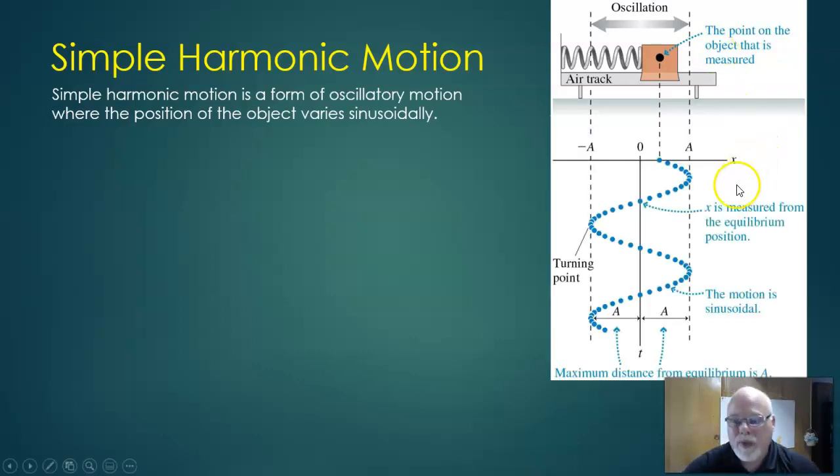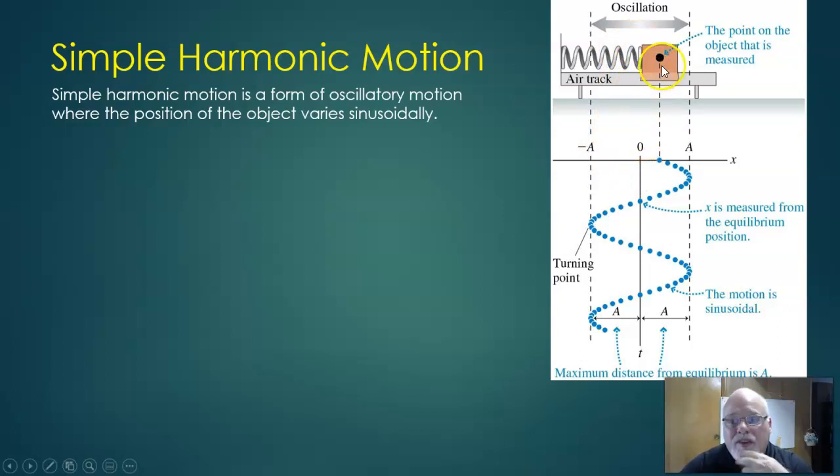But here it is. So here we have our x-axis drawn out this way to correspond to the track, so we can line up our x with the orientation of the track. And then the time axis is running down here through the middle. And of course, here's our maximum positive amplitude, here's our maximum negative amplitude, and equilibrium is going to be right here, smack in the middle of the two of them.